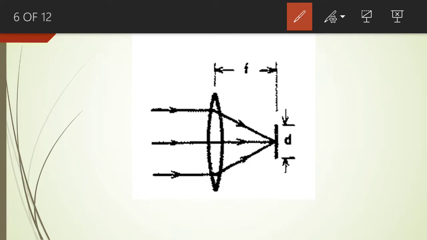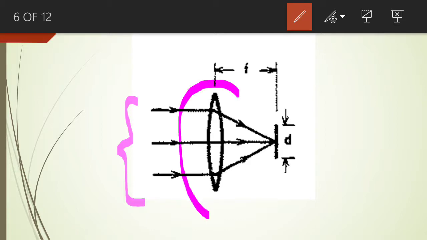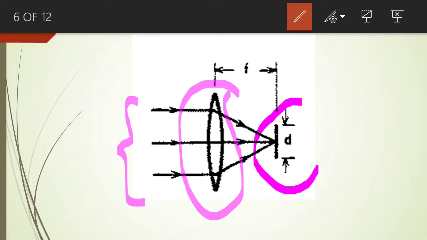You see, these are the rays of the collimated beam of light, right? And this is a spherical lens, and here is the photo detector.